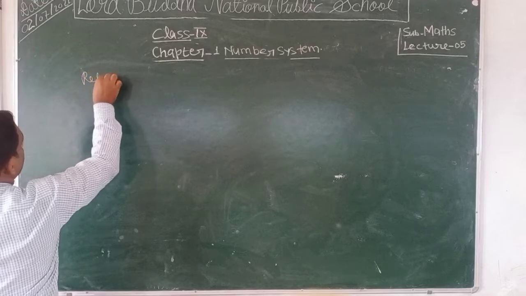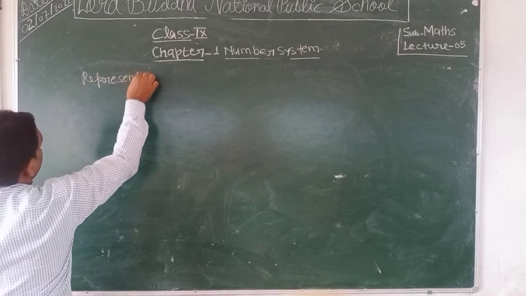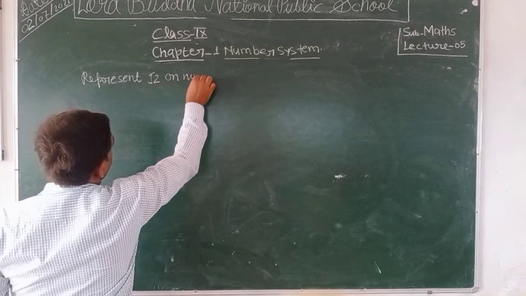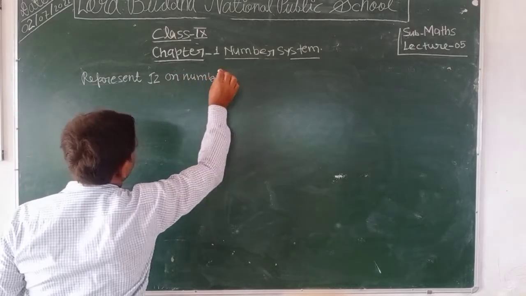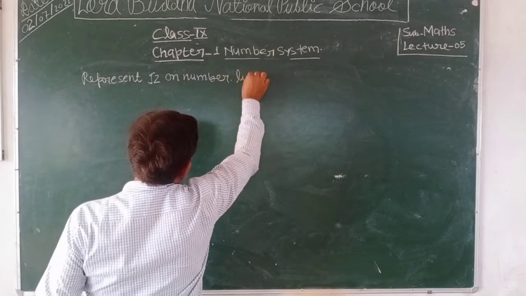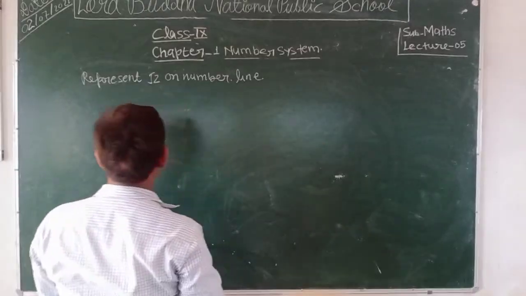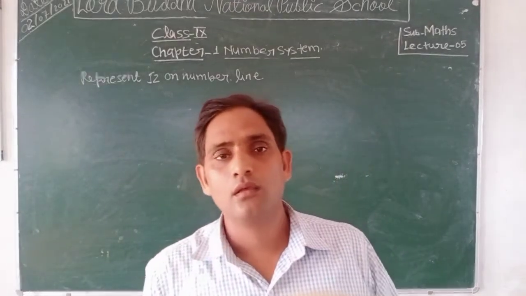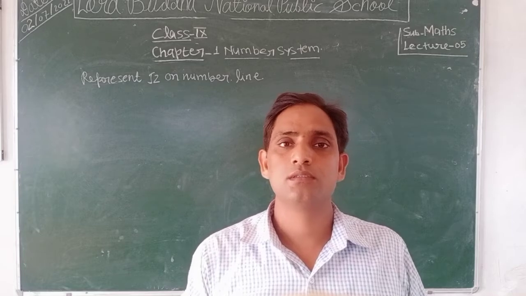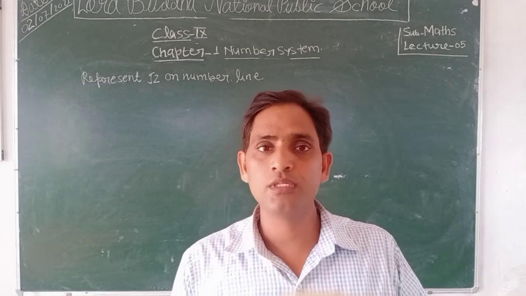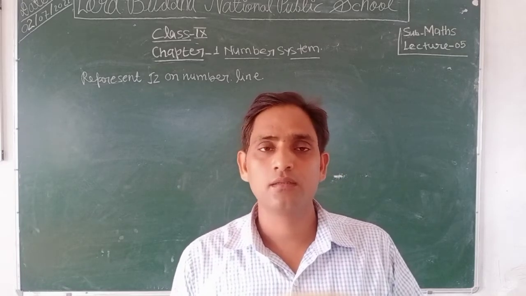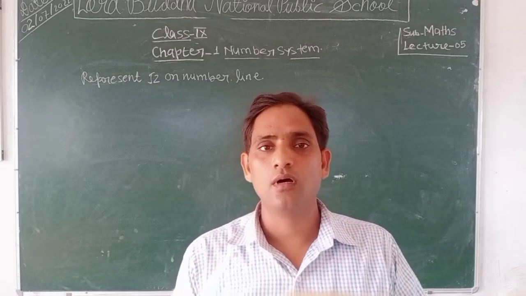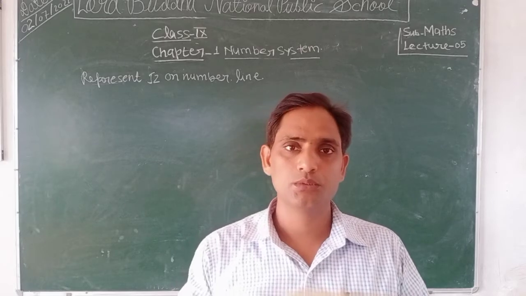Represent root 2 on the number line. We will learn how we represent a given irrational number on the number line with the help of this example of root 2.